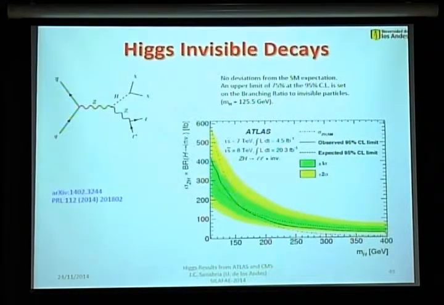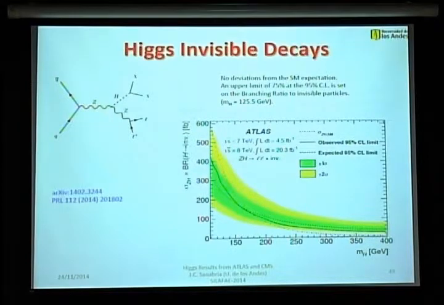Experimentally, it's quite challenging because it is invisible, so you have to try to see it somehow. One way is to target it with the presence of a vector boson, and knowing that there is a Higgs of 125 GeV, then analyze the data carefully to look for the kinematical signature of the presence of this kind of process.